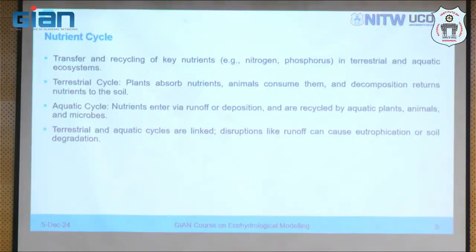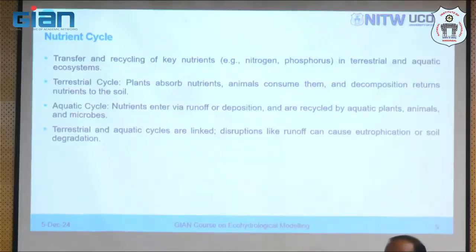In the aquatic cycle, nutrients from the land surface enter via runoff or deposition to the sediment deposition and are recycled by aquatic plants, animals and microbes. Now, both these systems, both your terrestrial system as well as the aquatic system are interlinked.